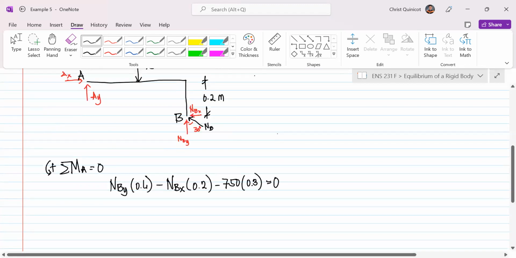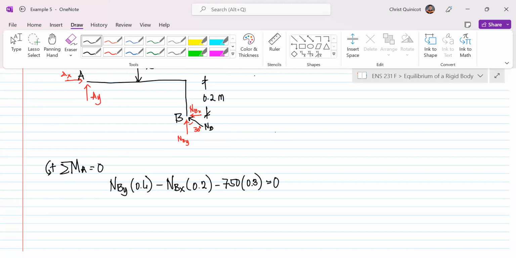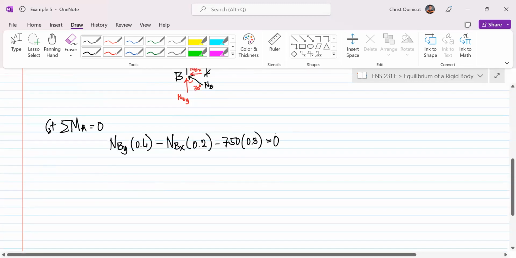Now, N sub B Y and N sub B X can be expressed in terms of the unknown N sub B because the angle is provided.